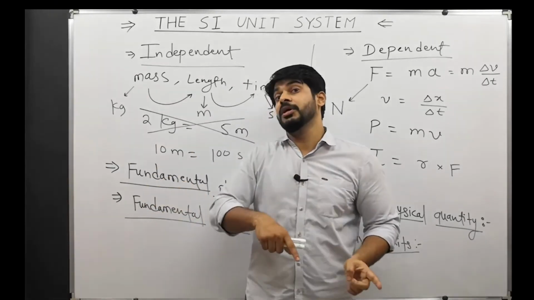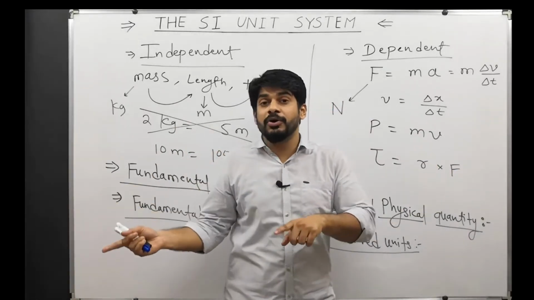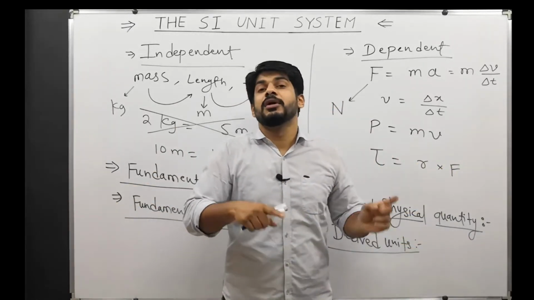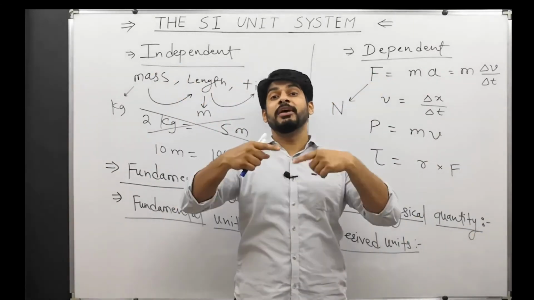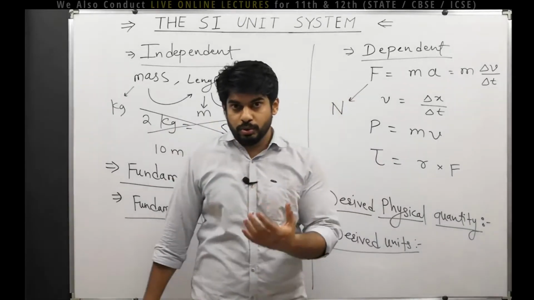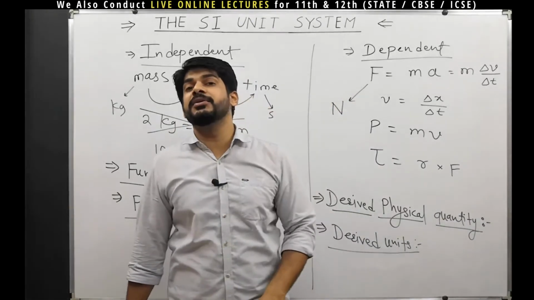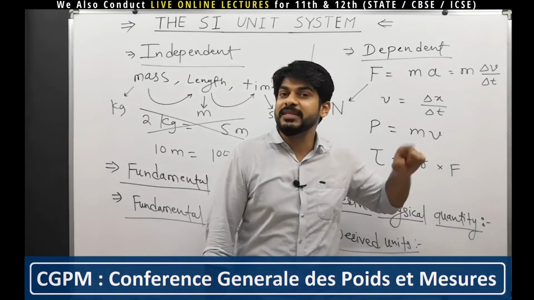There is a committee which has the rights to decide which are the fundamental quantities and which are the derived quantities. They can also decide what their units can be and what the definition for that particular unit can be. That committee is known as CGPM.